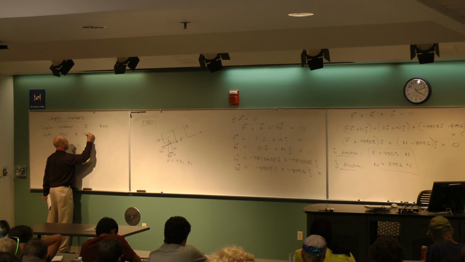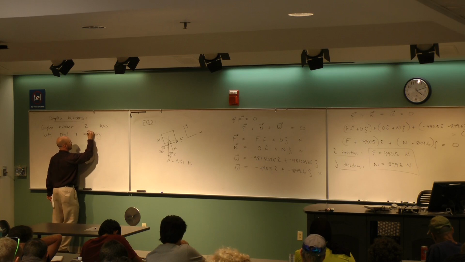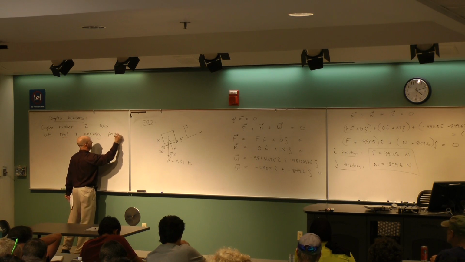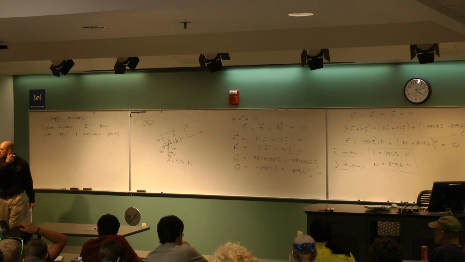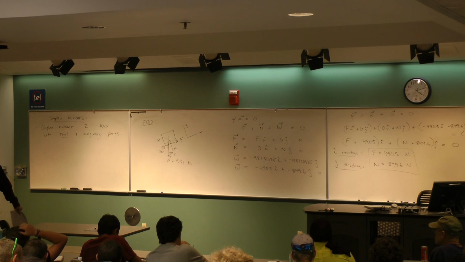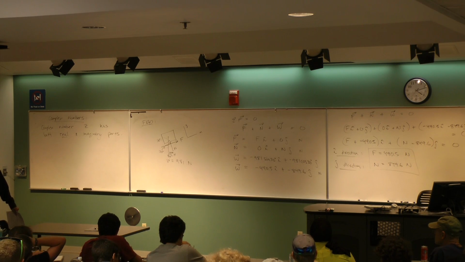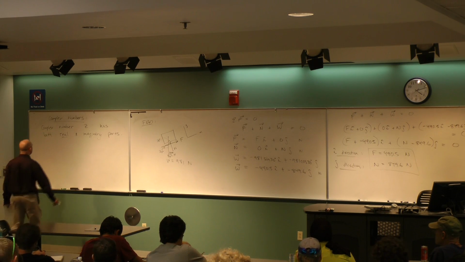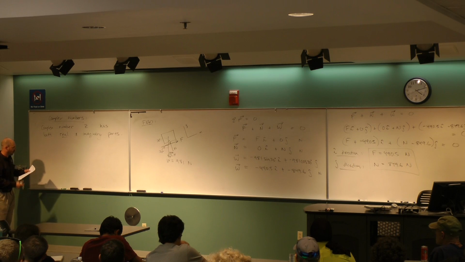So when I say a part is imaginary, what does that mean to you? I got a square root of -1 in there. So I got something with a square root of -1, and I got something without a square root of -1.